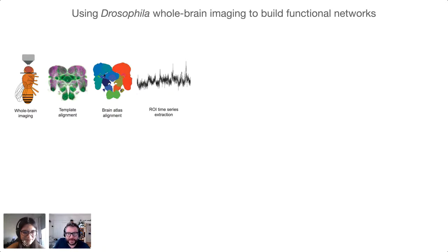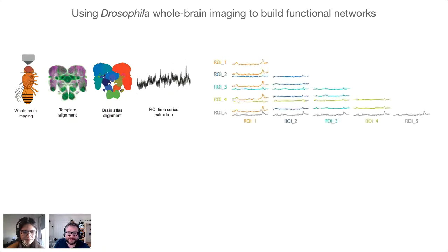But then what we do after that, in order to build a functional network, is take our different regions of interest and take a time series from each one. Here I just grabbed a couple example bits, where you can see that we'll build a matrix by comparing every single region to every single other region. As you can imagine, this gets rather large with the more regions you have to analyze.